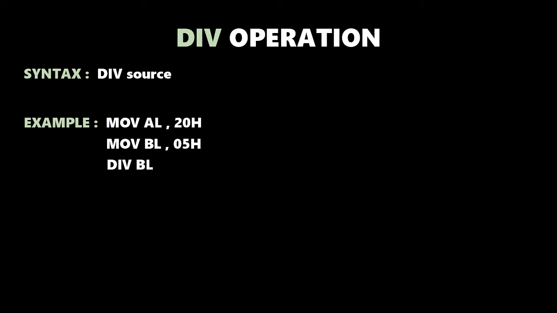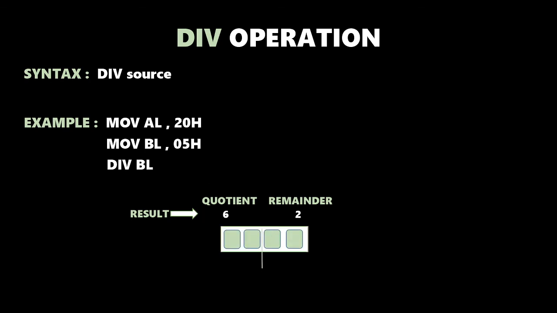Now as we know, when we divide two numbers, we get a quotient and a remainder. Here when we are dividing 20H by 5H, we are getting a quotient of 6 and a remainder of 2. Now where will this 2 get stored? That is, where will the result get stored? We have our AH and AL register.